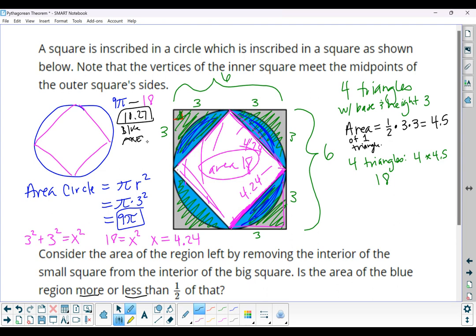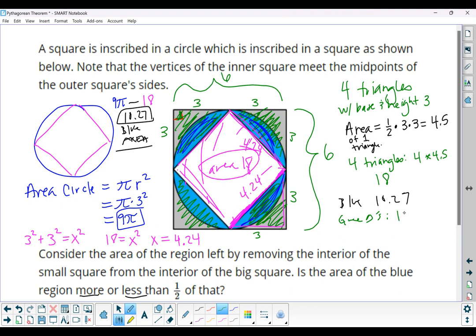So the question that we wanted to answer is, is that blue area more or less than half of what I have scribbled as the green triangles? And so since the blue area is 10.27 and the green triangles are 18, oh, sorry, my pen is dying.